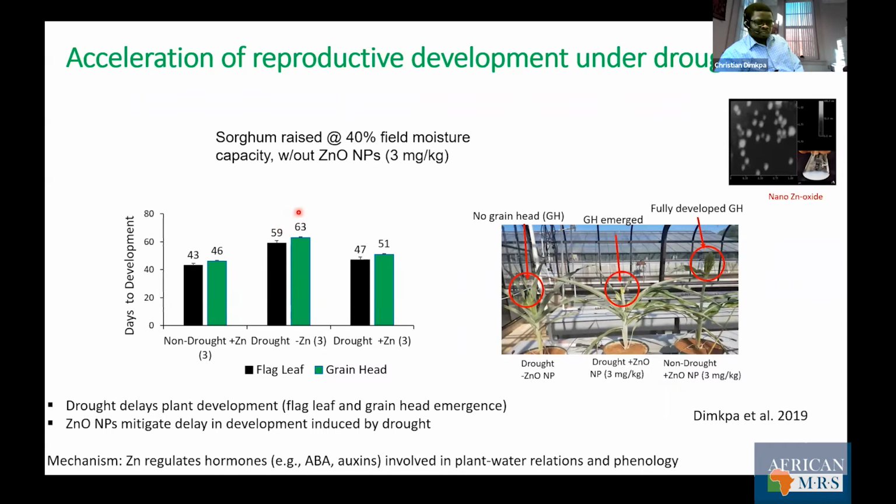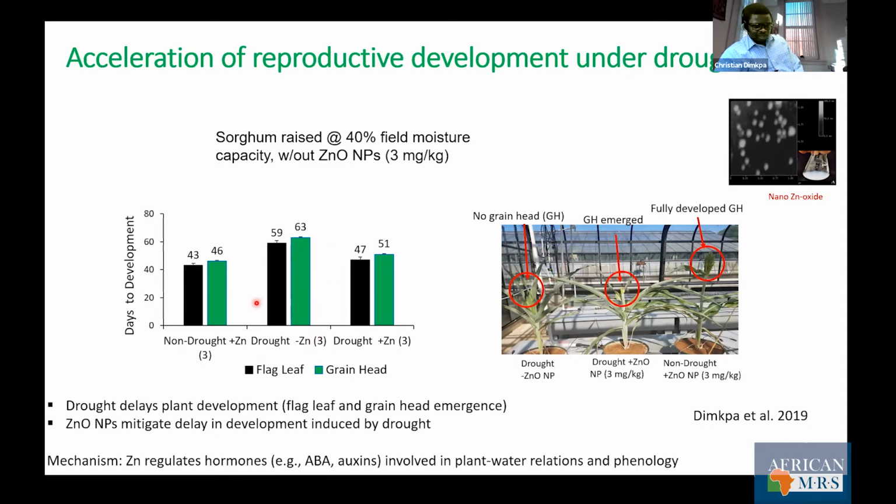Now, under the drought system, if you add your zinc at this rate, you bring down the number of days to development from 59 days to 47 days, and you do the same for the grain head from 63 days to 51 days. So clearly, drought delays development of plants, and by adding zinc, you can facilitate development.